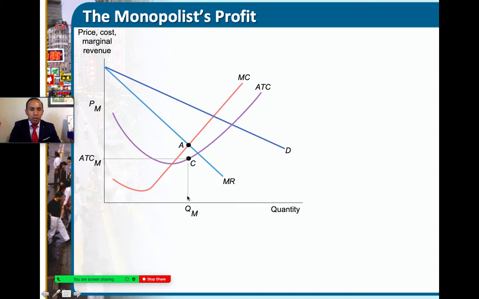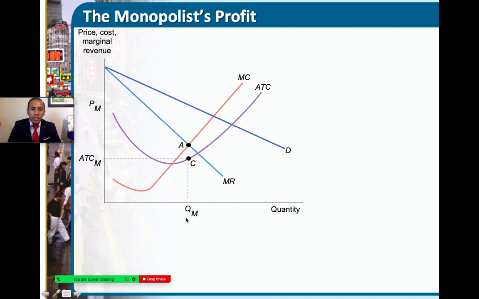This quantity monopoly is going to have an average cost of production on the average cost curve, the purple curve. Not on this intersection, but on the average cost curve, point C, of an average total cost monopoly, ATCM. We need this because we're going to determine the firm's profits once we know what the price is, or we can set the price first and then determine the cost.